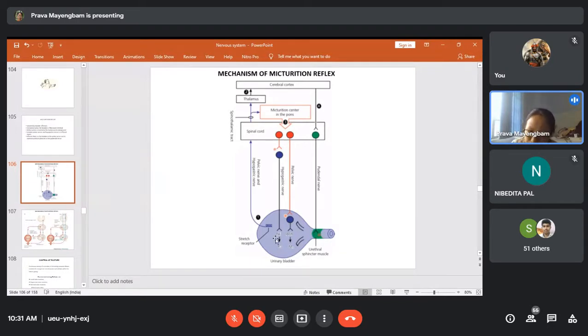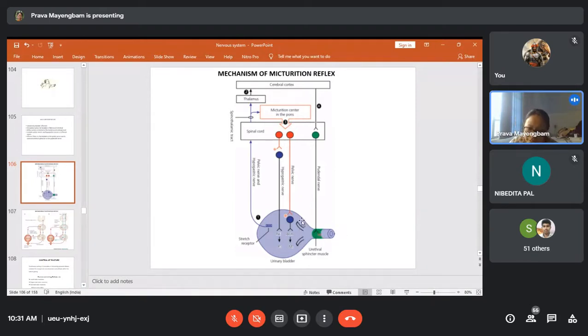Now, when the urinary bladder is full, the pudendal nerve is inhibited. So the force for constriction is removed. Due to that, the sphincter muscle will relax and allow the opening of the sphincter, from the urinary bladder to the urethra.